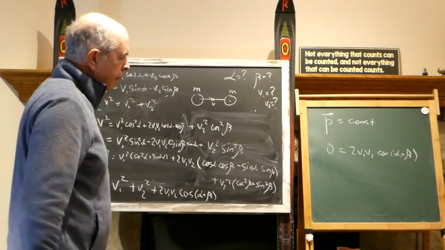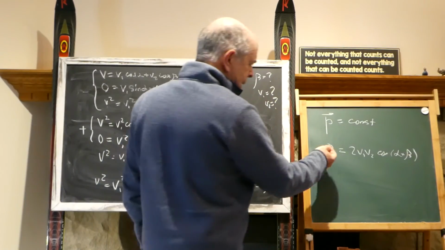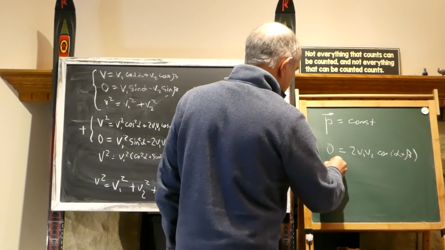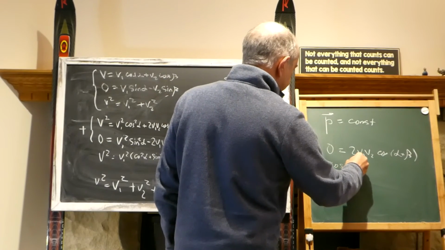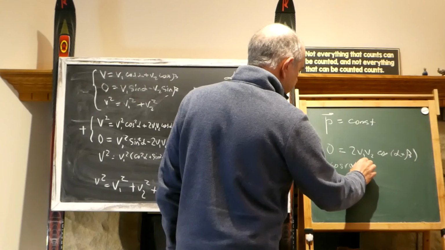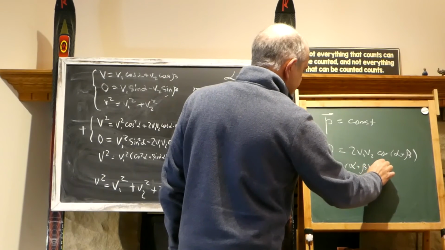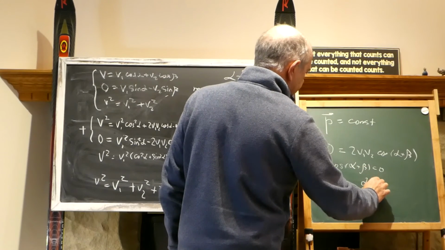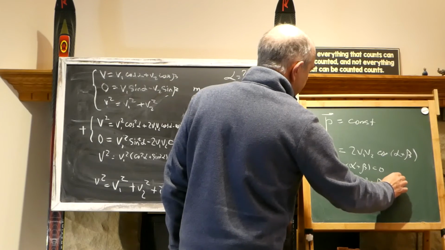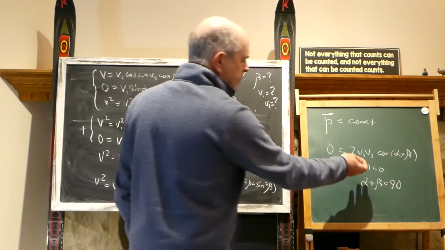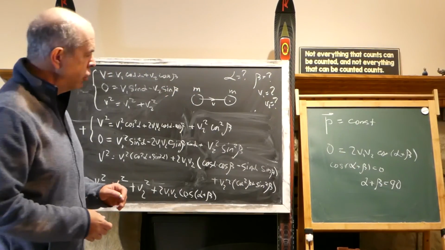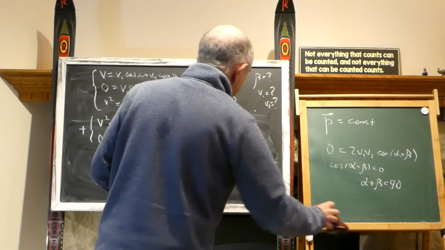Alpha plus beta. And what does that mean? 0, it means that cosine of alpha plus beta equals 0, and this means that alpha plus beta equals 90 degrees. It's basic things with trigonometry, with cosine function.